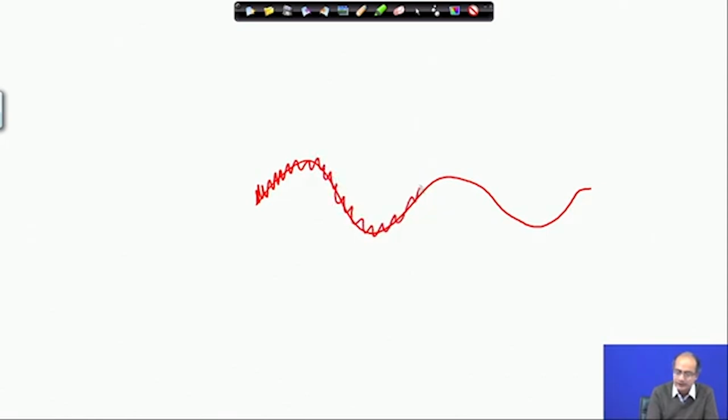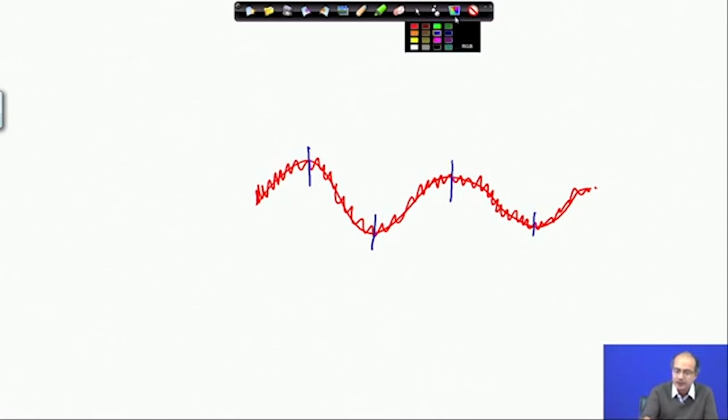So, now after this noise has been added to that signal, what we were expecting earlier, we should get a maxima here, a maxima here, and here also a minima, and we can count the number of turns in that way.